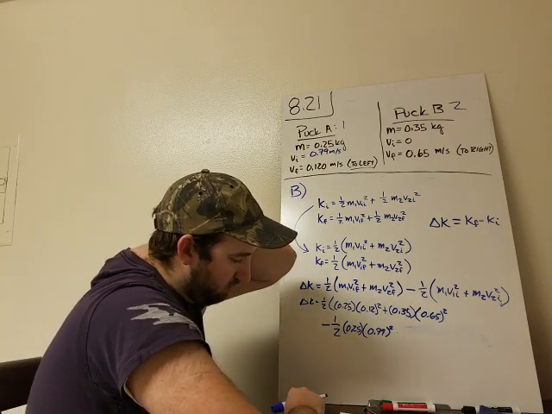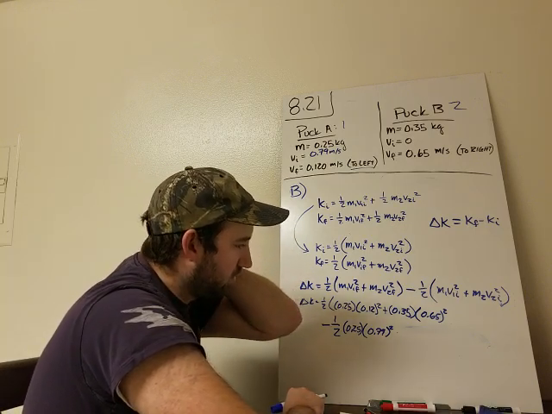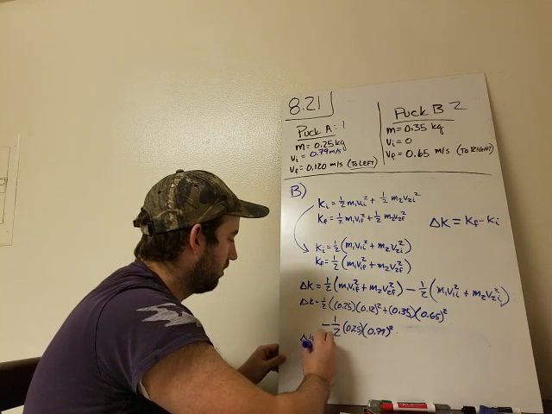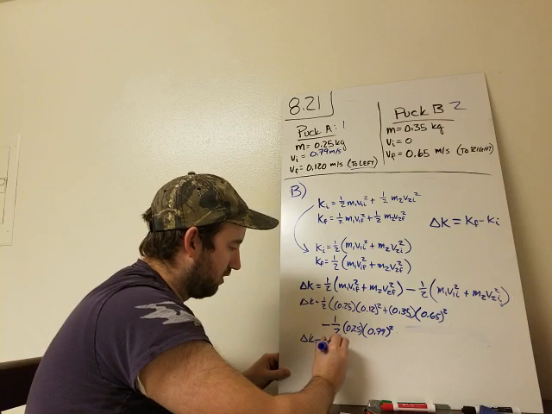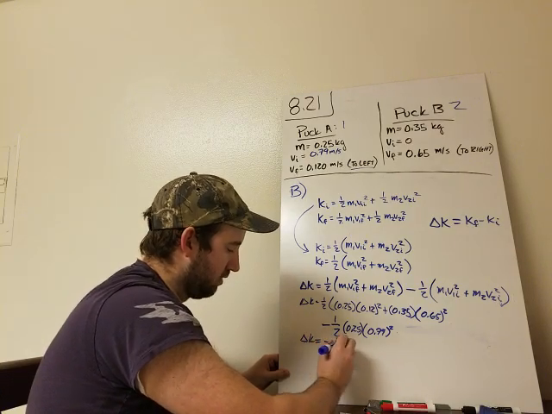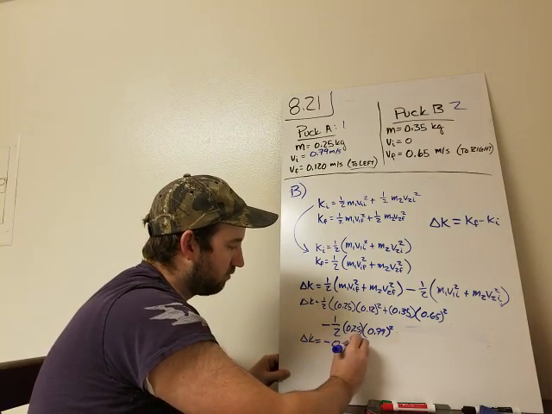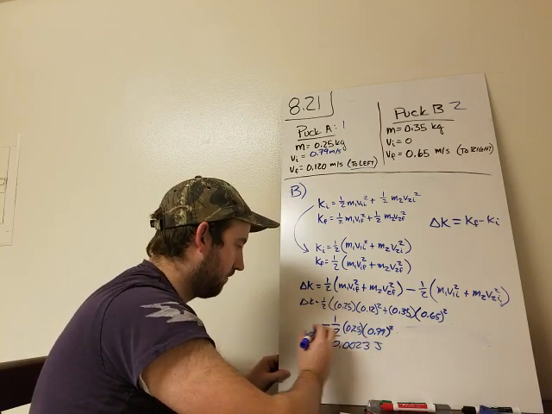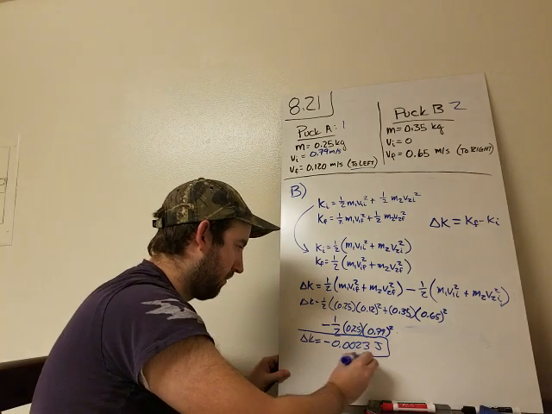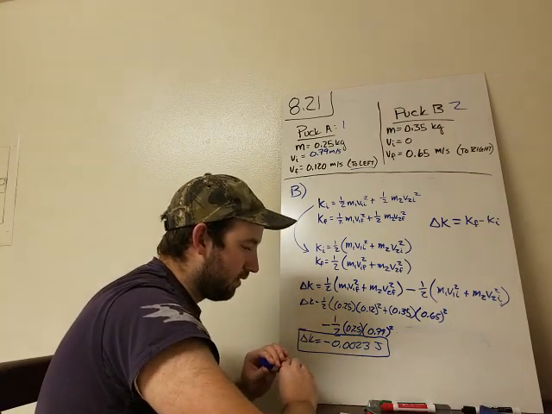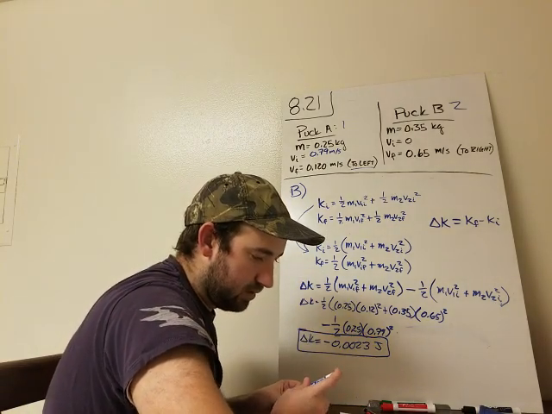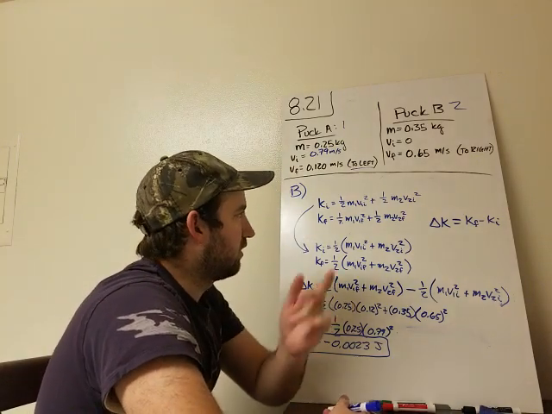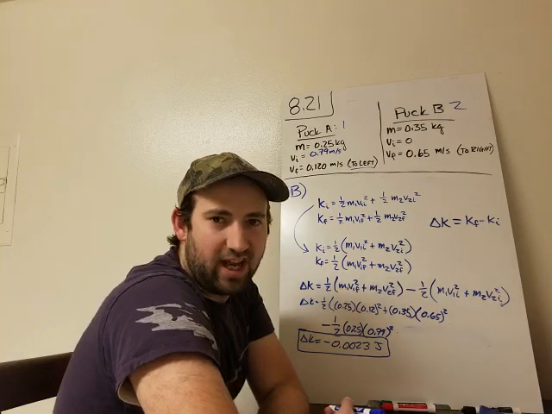When we plug all this into our calculator, we end up getting that delta K is equal to negative 0.0023 joules. So the change of energy with this collision, I mean, it's not really that exciting of a collision, right?